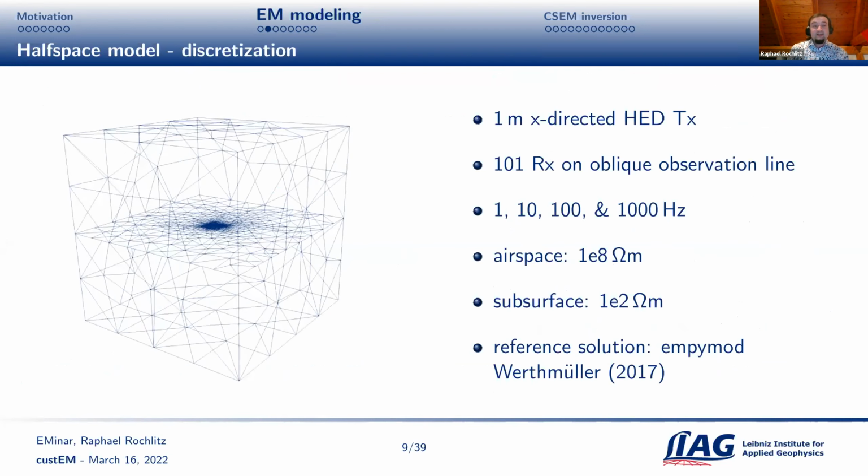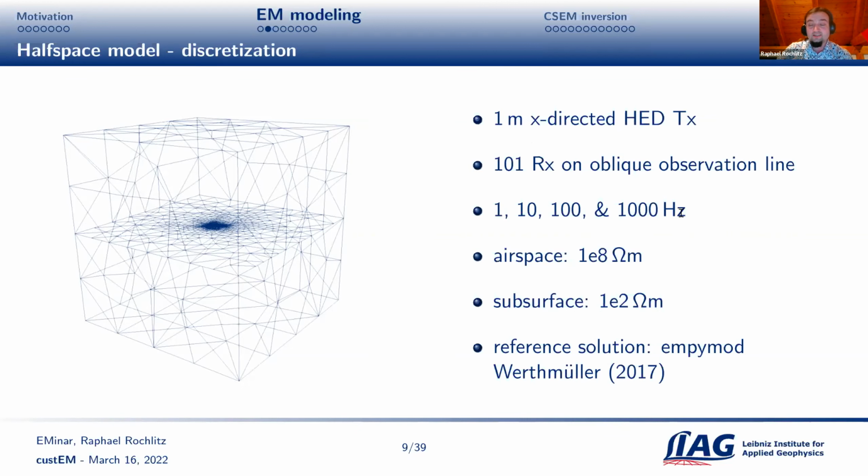So let's start with a very simple half-space model to get you a bit into the plots and ideas of forward modeling. Here we have a mesh, and in the center of the mesh, we have an x-directed horizontal electric dipole source. We have an observation line, which you will see on the next slide, with 100 stations.